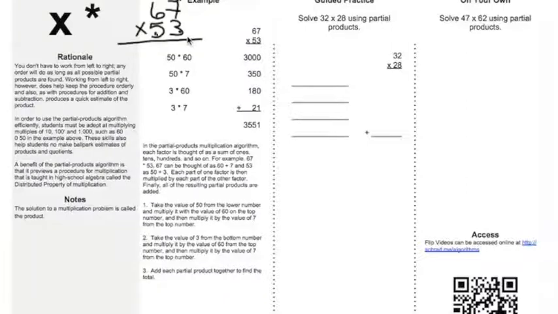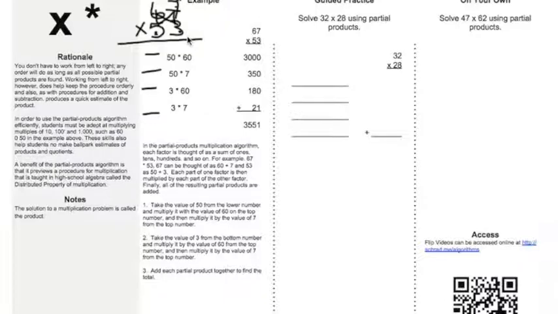So I've got the 50 here, and I'm going to multiply it by the 60 up above, and then I'm going to multiply it by the 7 in the number up above too. So I've got 50 times 60, and 50 times 7. Now I need to take the 3 times the 60 and the 3 times the 7. So I've done that there and there.